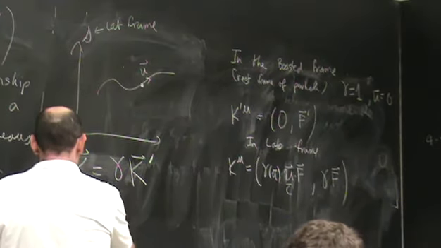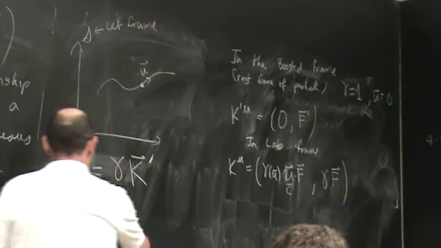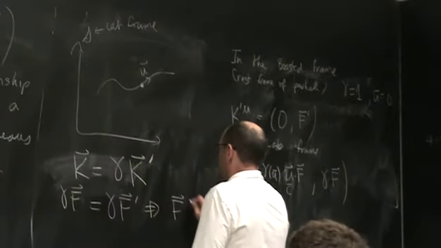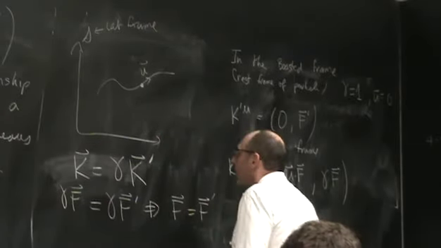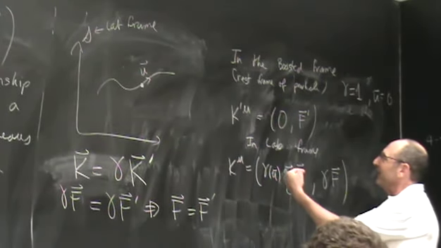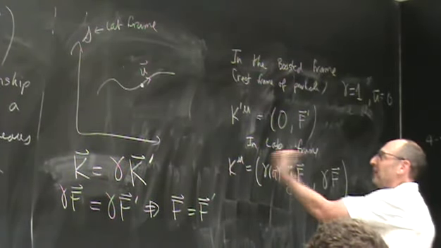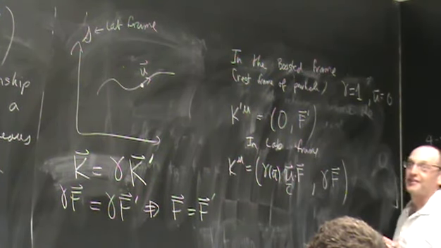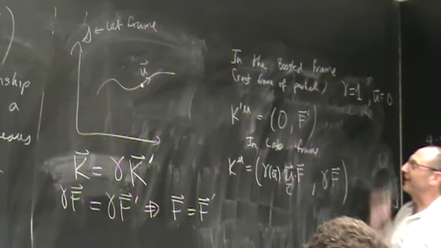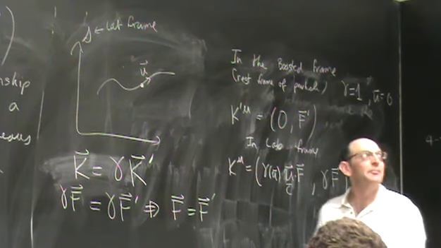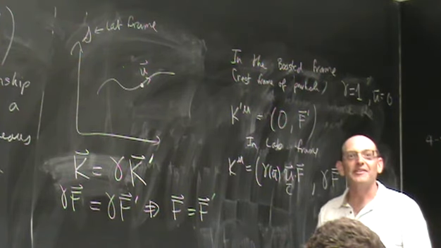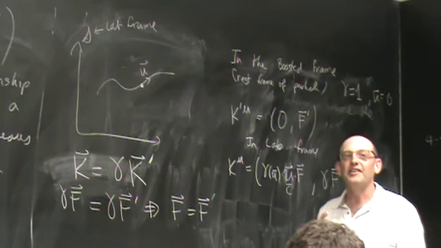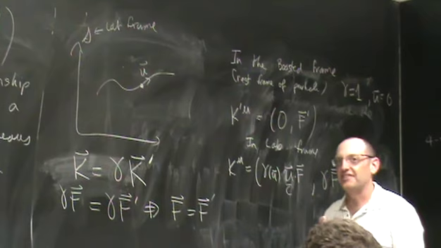This is K, we said was gamma f, and this is gamma f prime. So that tells me that f equals f prime. Well, that's only true if the boost was along the same direction as the force. I should probably delay this because this is going to be more complicated to explain. Let me pick this up again. We don't really have the time. Let's finish this discussion next time.